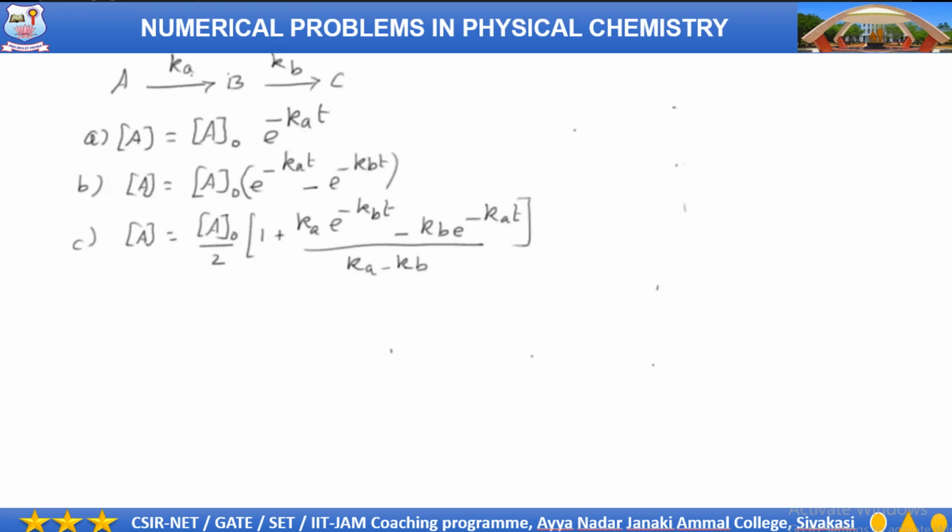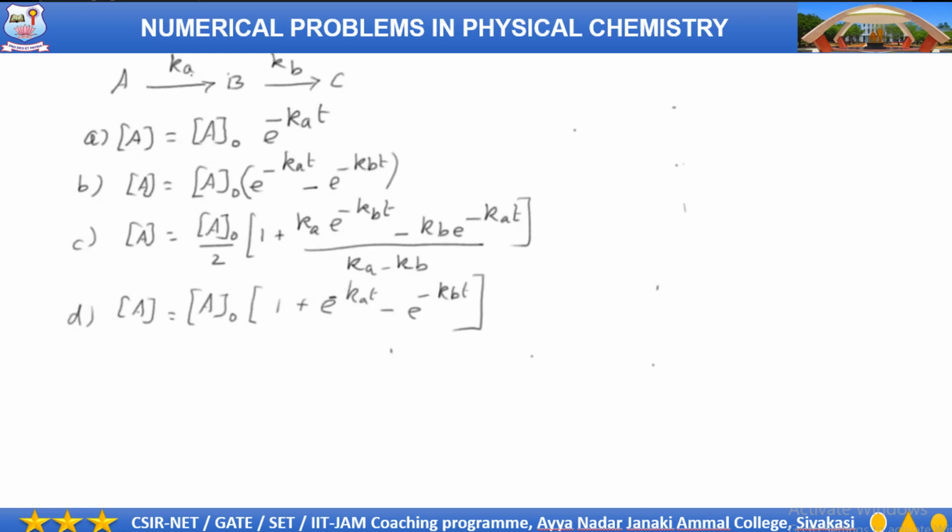D, concentration of A at time t is equal to concentration of A at 0 time into 1 plus e power minus Ka t minus e power minus Kb t.